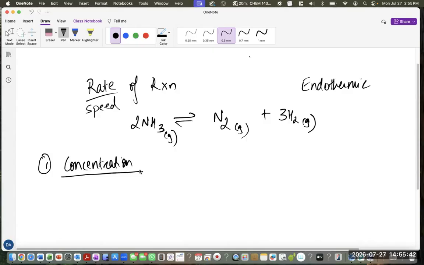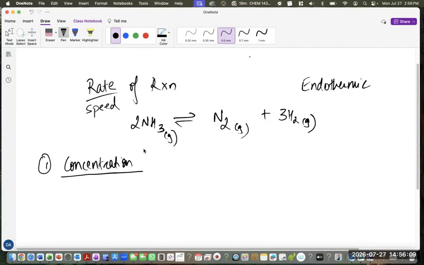So, think of the collisions that will happen between two molecules for the reaction to take place. So you can see it in both the directions. If I take ammonia, one ammonia molecule and another ammonia molecule will react and break into nitrogen and hydrogen gas. And in the other direction, nitrogen molecule will react with hydrogen molecule and then make ammonia.